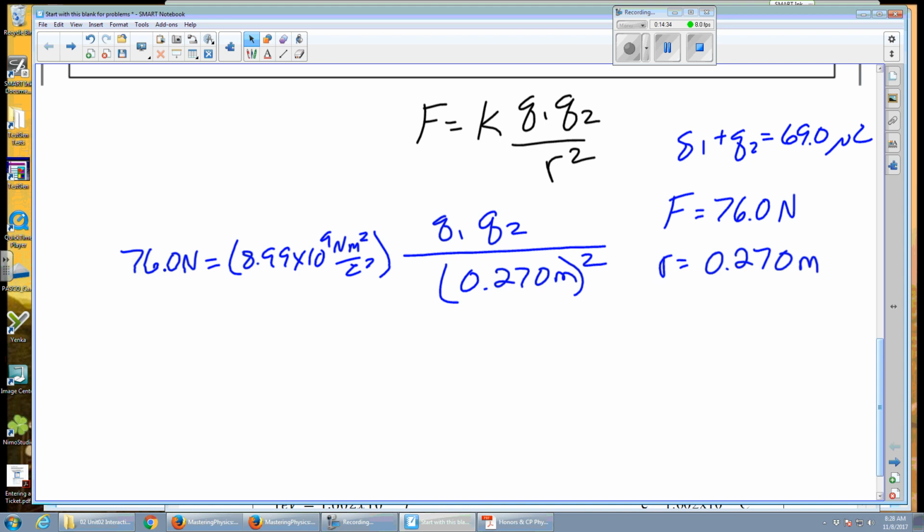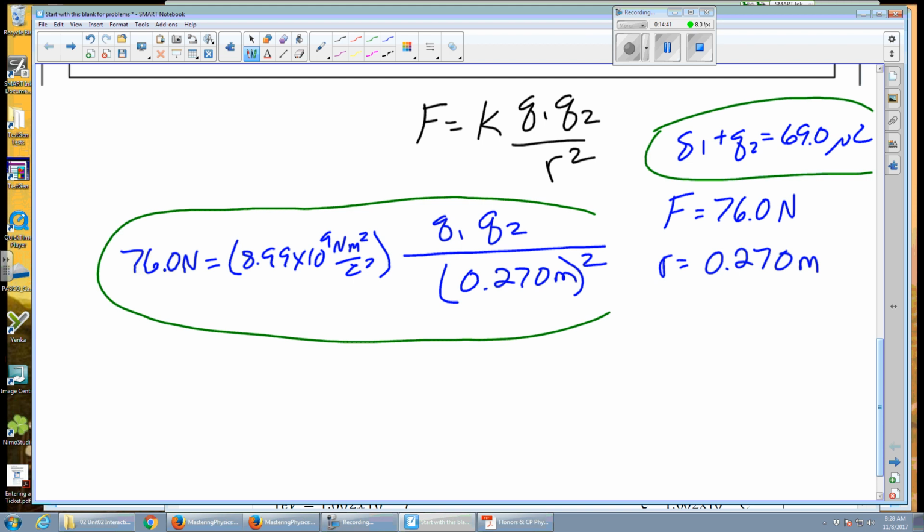All right, hey, cool. So I know this equation, which has Q1 and Q2 in it, and I know this equation that has Q1 and Q2 in it, so I can just solve, right? Two equations, same two unknowns, algebra. I'd probably personally do it through something like Wolfram. I'd put those two in and separate them by a comma, and it would solve for me.